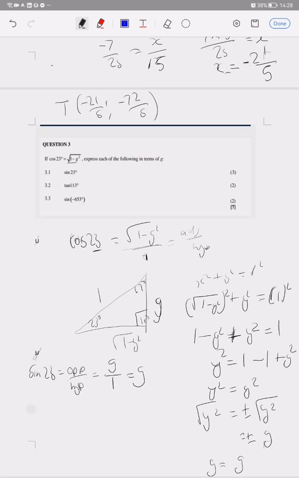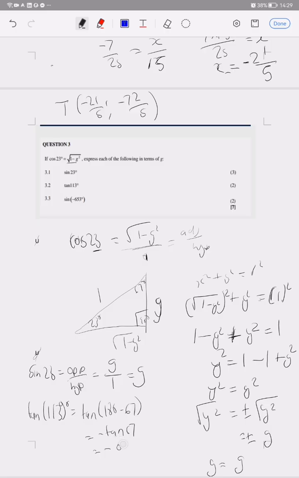What is tan of 103? Right, so it's just tan of 180 minus 77... so this is negative tan of 67. What we do, tan is just what?